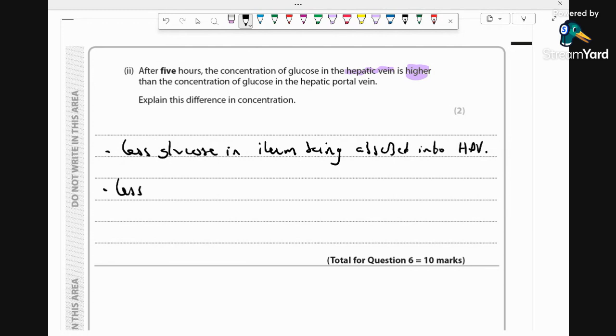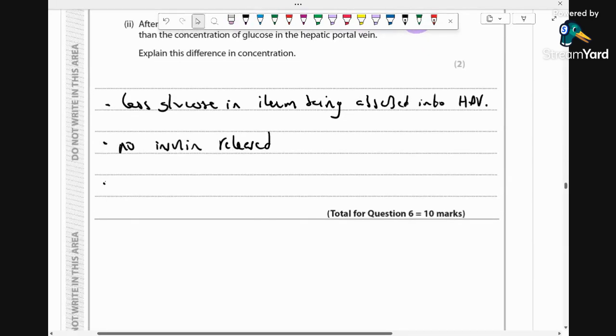Therefore, you have less insulin released. We have less glycogen. Actually, well, it wouldn't be less. Would it be no insulin if you're not eating 5 hours afterwards? To be honest, no insulin.